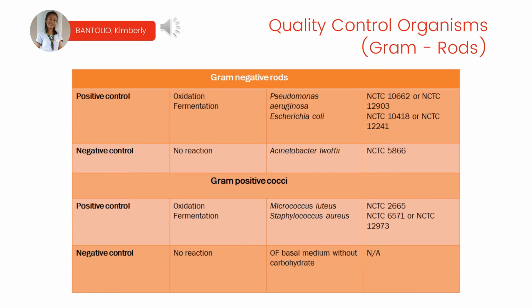These are the quality control organisms used for the gram-negative rods. For the positive control in oxidation, Pseudomonas aeruginosa, the quality control organism to be used is NCTC 10662 or NCTC 12903.